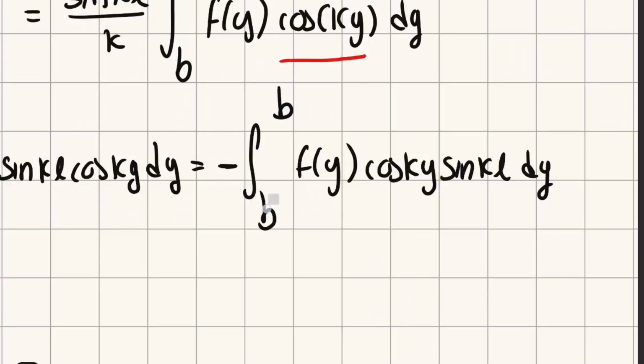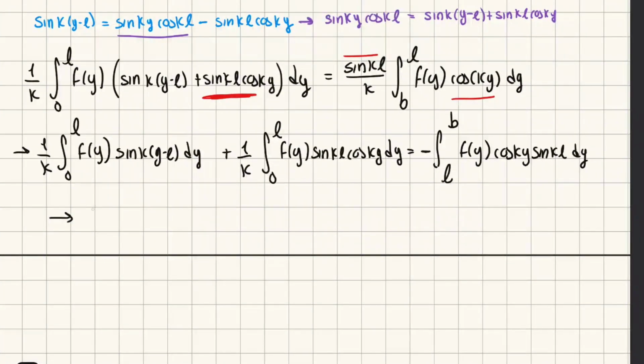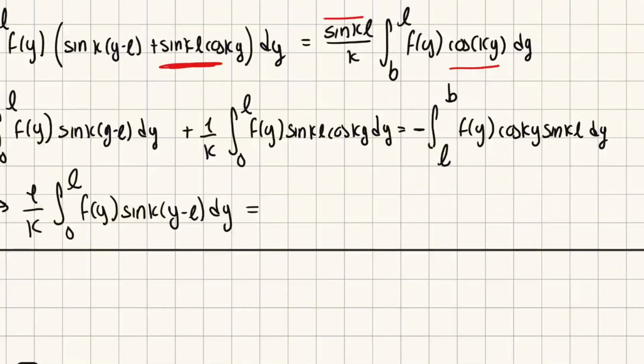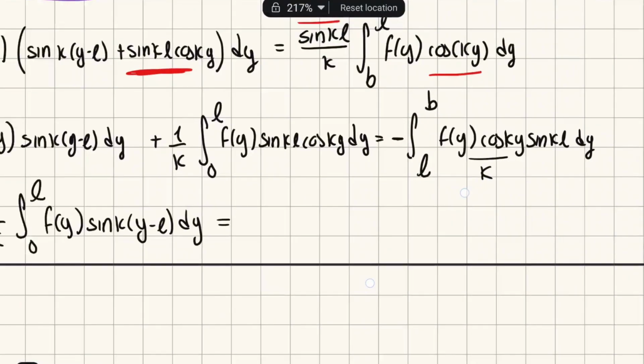We take the b here, the L here, and then we can say that 1 divided by k, the integral from 0 to L of f of y sine of k times (y minus L) dy is equal to, and let me recall that there is a k dividing here, right?